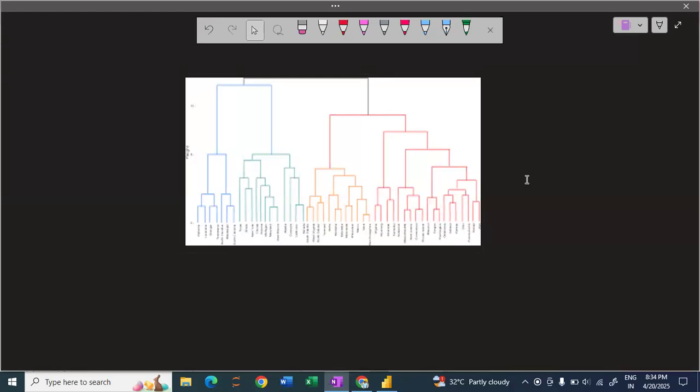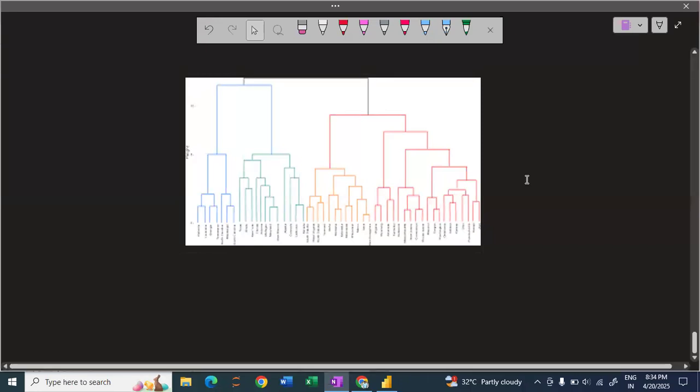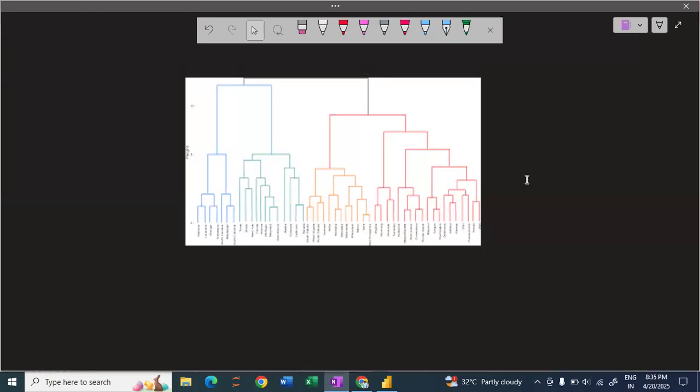Quickly, tell me which one is the longest vertical line. It looks like one of the two blue lines on the left, upper left. These, right? Yeah.